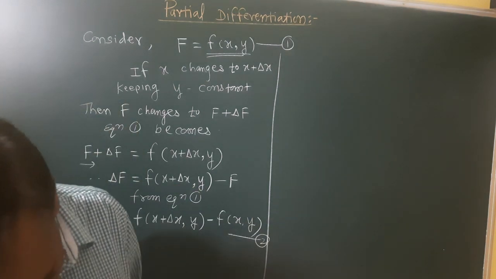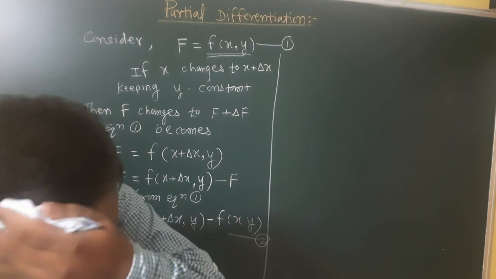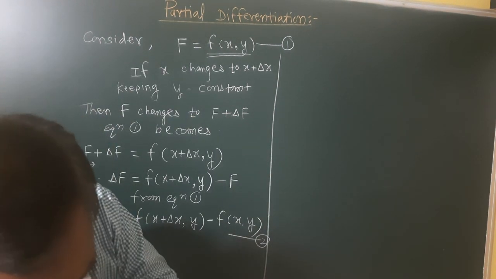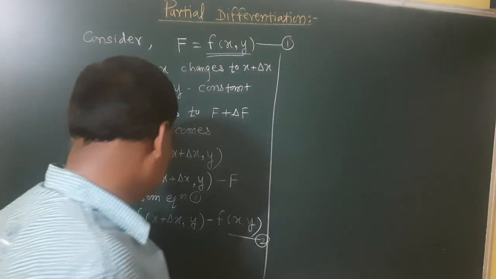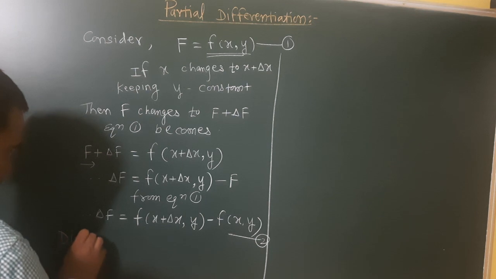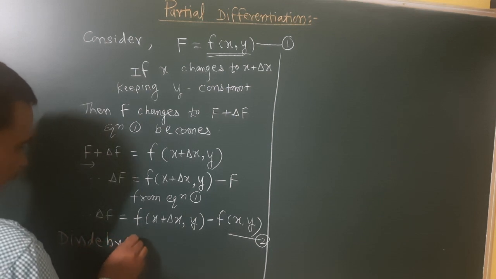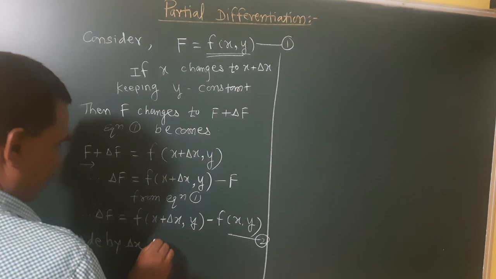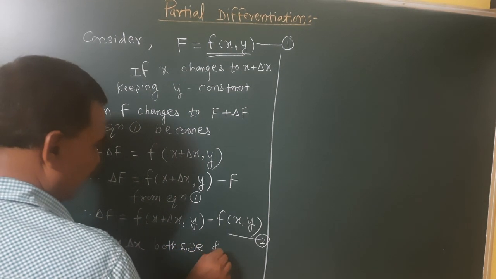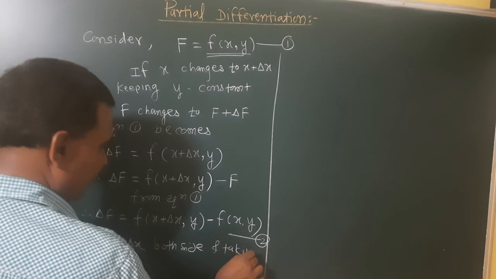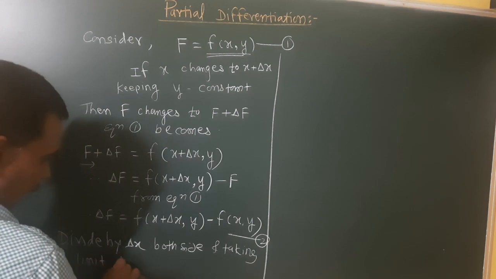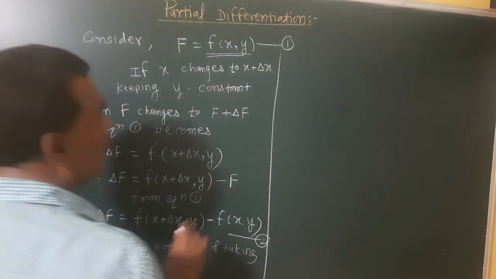Now divide both sides by delta x and take the limit as delta x tends to 0.